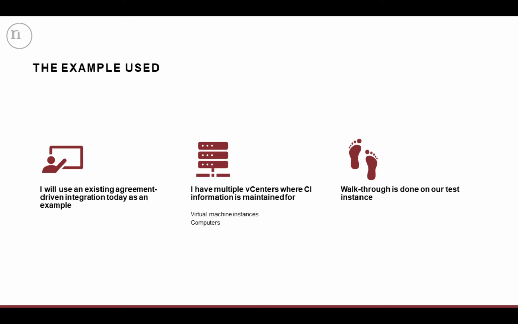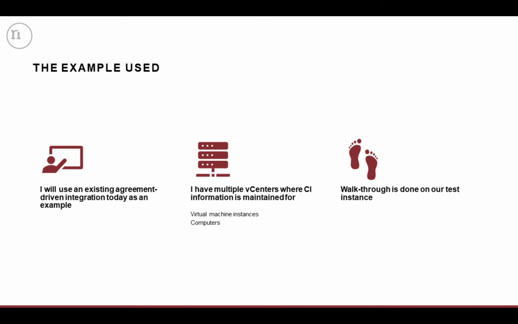Because those are actually servers primarily, but some of them also have a regular Windows 10 operating system. So we are able to actually maintain information about both computers, personal computers, servers, Linux servers, Windows servers, and so on. So therefore we have chosen the highest representing class here. The walkthrough would also be done in our test instance, just as a precaution measure.